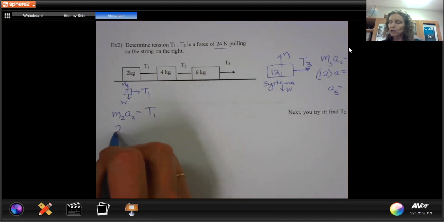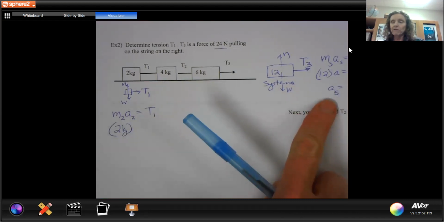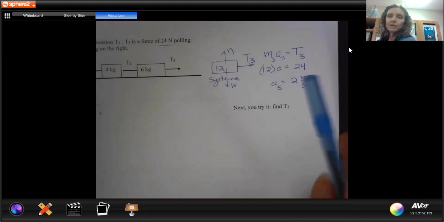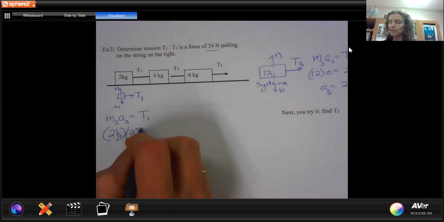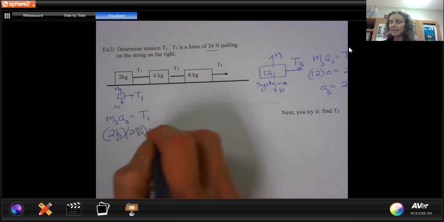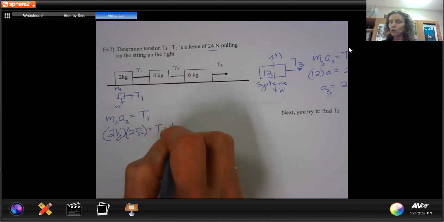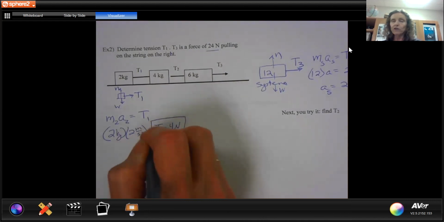So I'm going to put in 2 kilograms and multiply times the acceleration of the system that we found over there. It's just off camera, right? It's 2. So now I multiply times 2 meters per second squared, and I can see that T1 is 4 newtons. So I found one of my answers already.